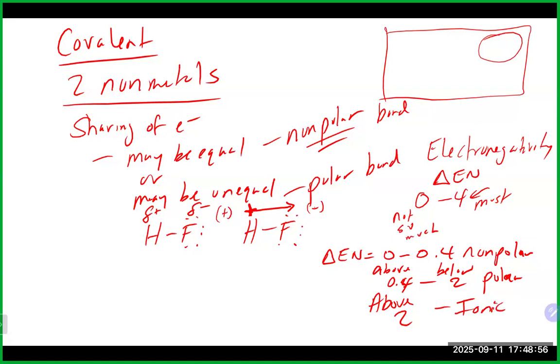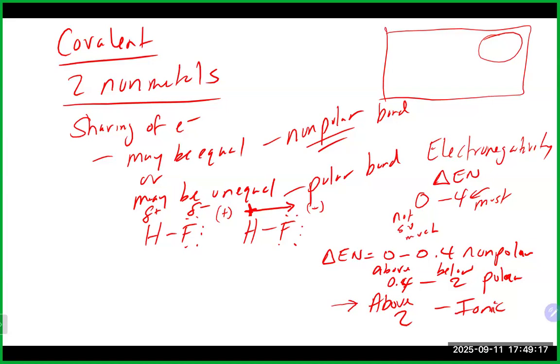And as we talked about last time, you don't really even have to worry about this one because, frankly, if you see a metal and a non-metal, it's going to be ionic. So you don't technically need electronegativity values for that. But you can use it for covalent bonding to decide if it's going to be shared equally or unequally.